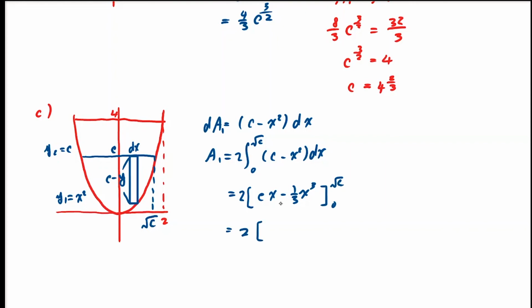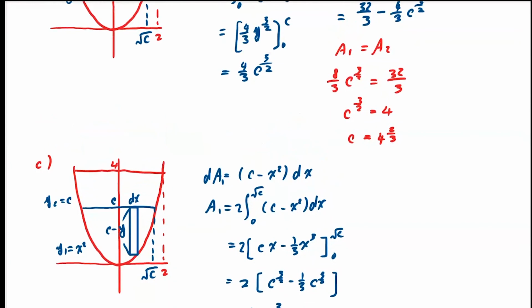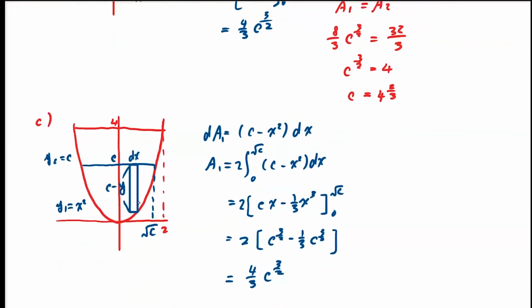And that'll be c to the 3/2 power times 1, minus 1/3 c to the 3/2. Too much algebra here? And that's 1 minus 1/3, so 2/3 with a 2, we have 4/3. Good. Say yes. And that looks familiar from here, right?